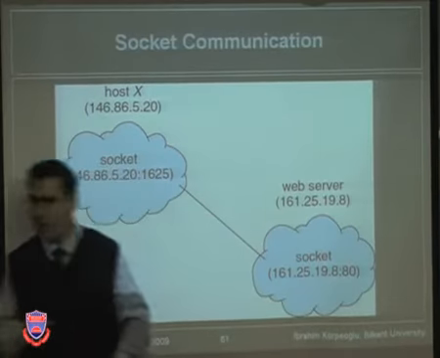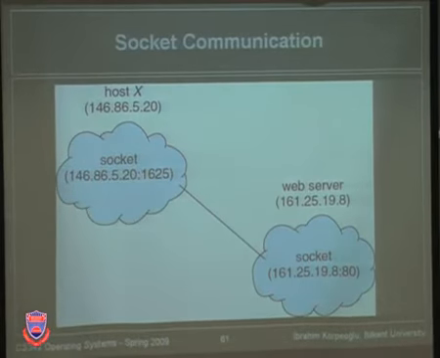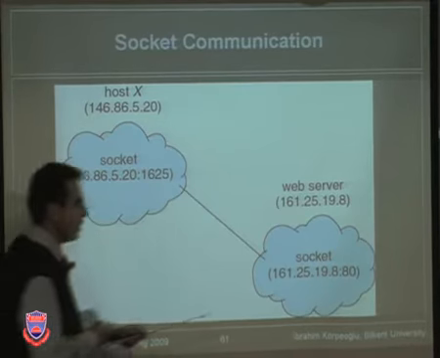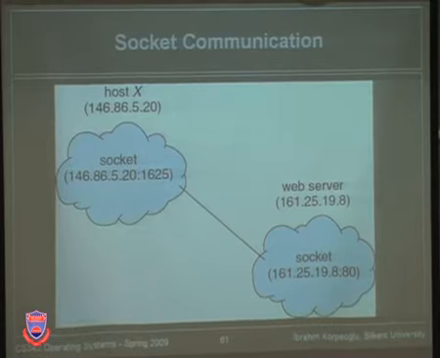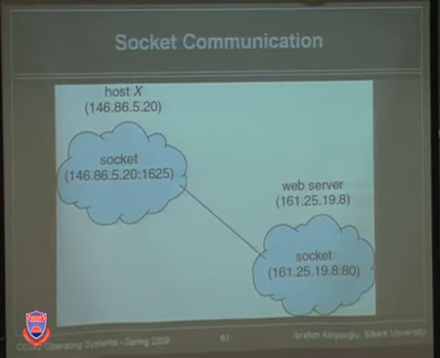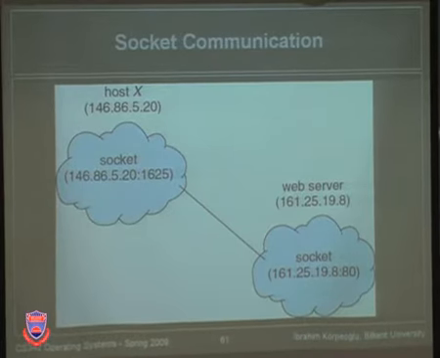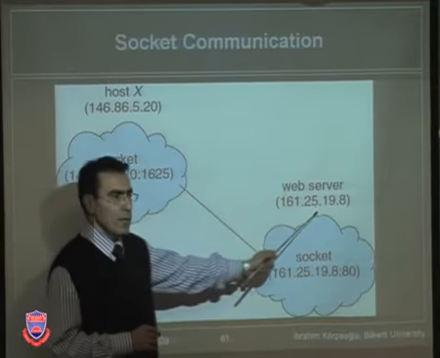There are some services, like a web server or an FTP server, that have well-defined port numbers. A web server opens a socket and assigns the well-defined port number to that socket, so that other processes running remotely, when they want to communicate with that web server, just indicate the IP address or domain name of the web server.